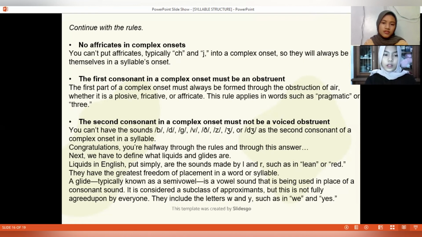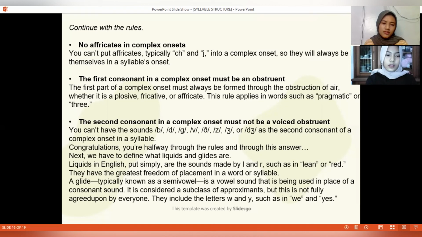The first part of a complex onset must always be formed through the obstruction of air, whether it is a plosive, fricative, or affricate. This rule applies in words such as pragmatic or tree.